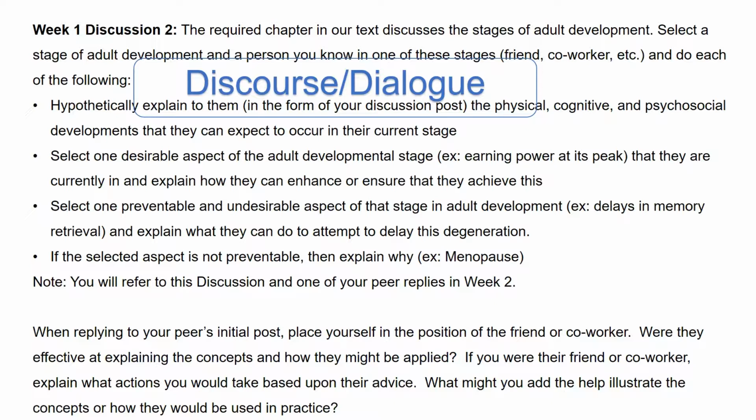Discourse or dialogue is gained through articulation of multiple perspectives. As you can see, students are asked to explain, in the form of a discussion post, the physical, cognitive, and psychosocial developments. This is common in most discussion forums.